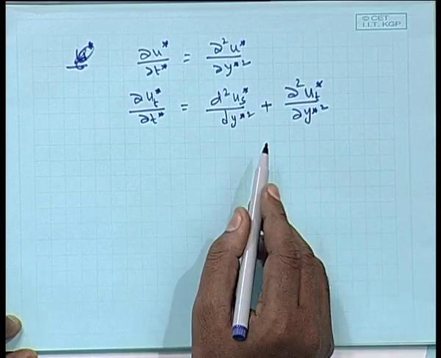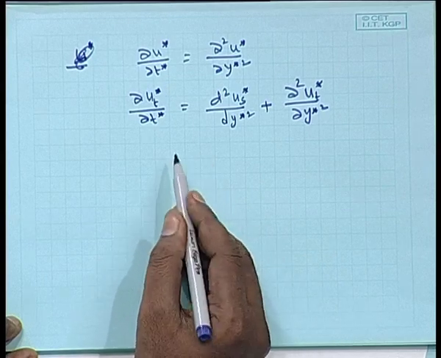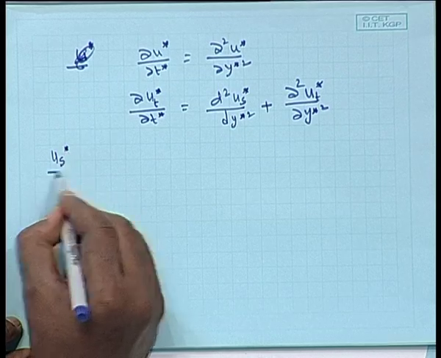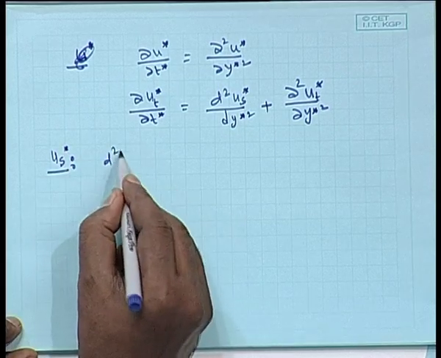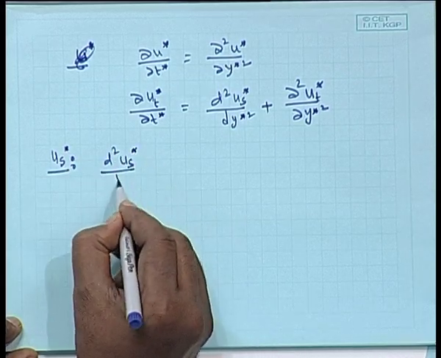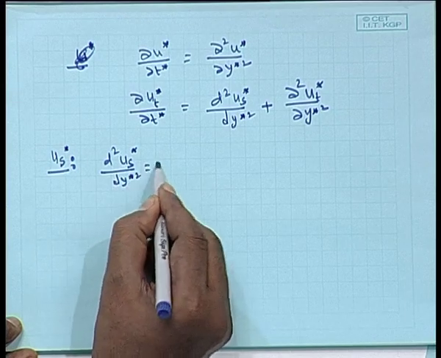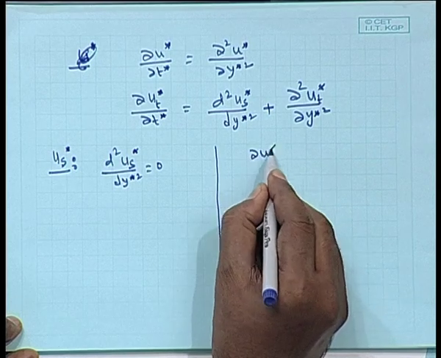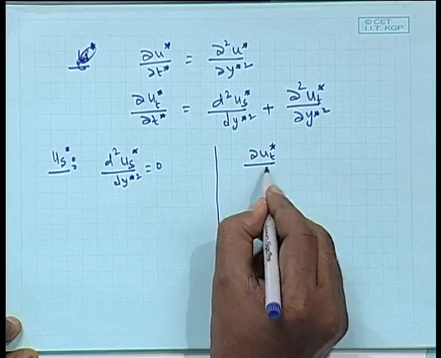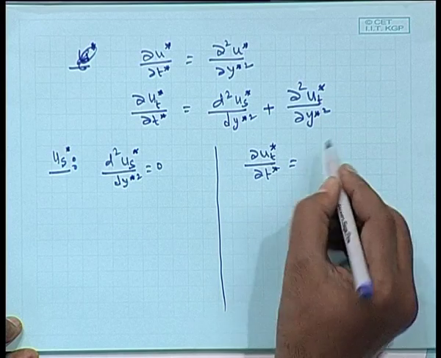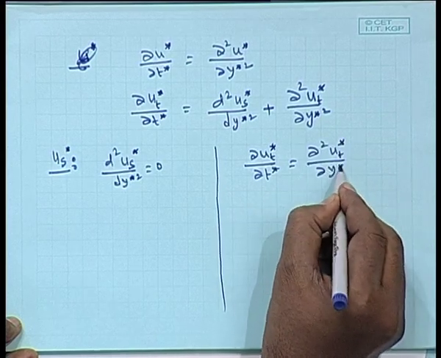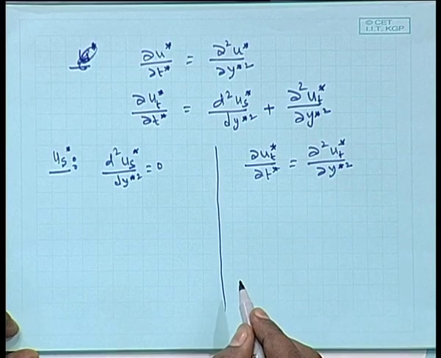Okay. Collect the terms and formulate the governing equation of u s star and u t star. D square u s star d y star square is 0, del u t star del t star is equal to del square u t star del y star square. Okay.